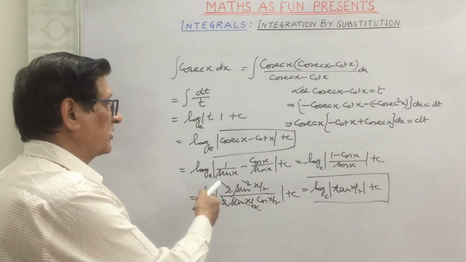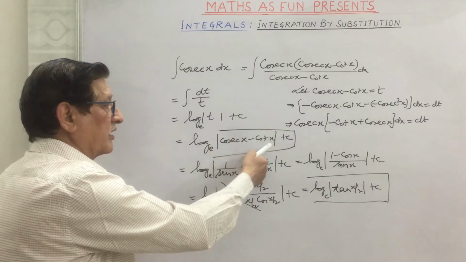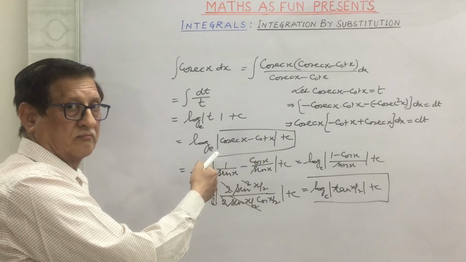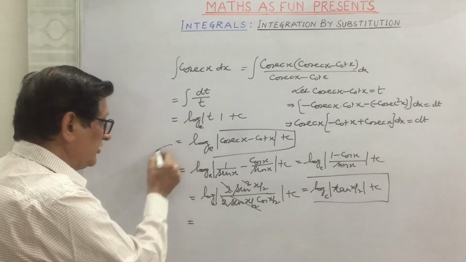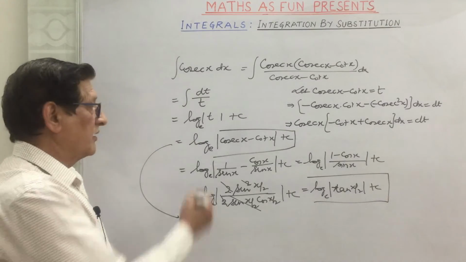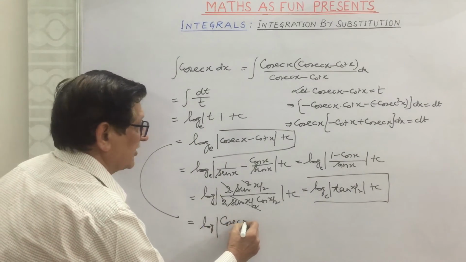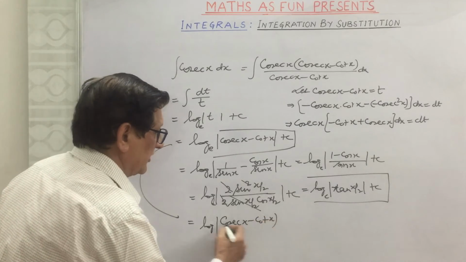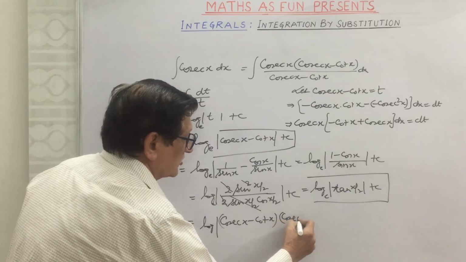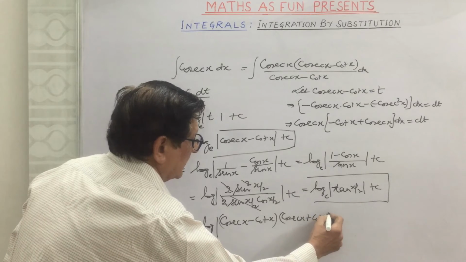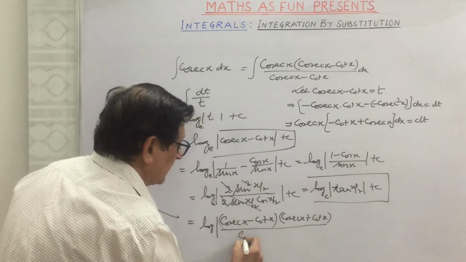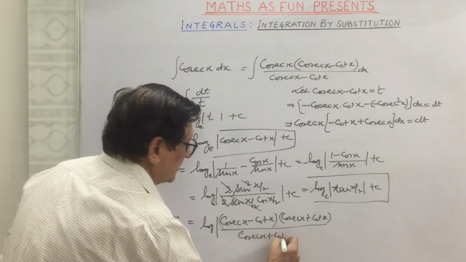We can also do it like this, that this can be written as, if we use this, can we convert it as log of cosec x minus cot x into cosec x plus cot x and divide it by cosec x plus cot x.